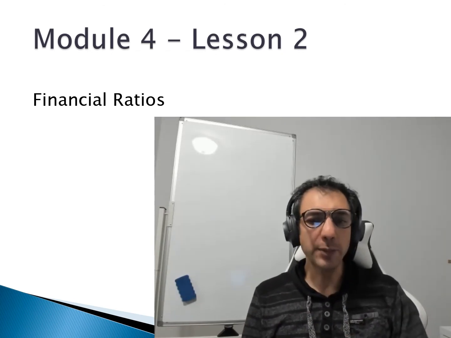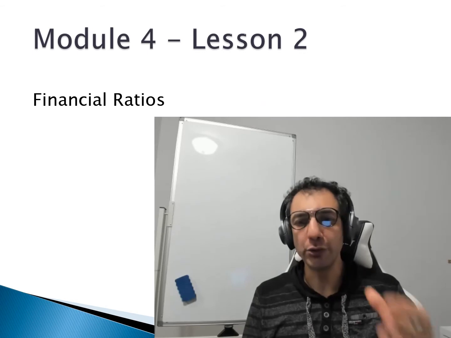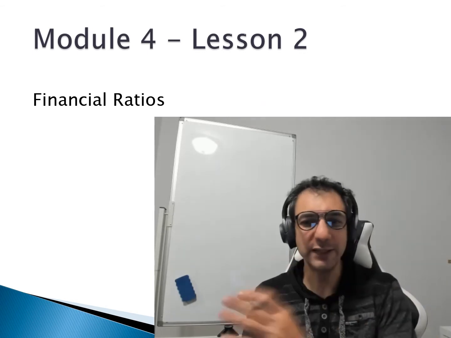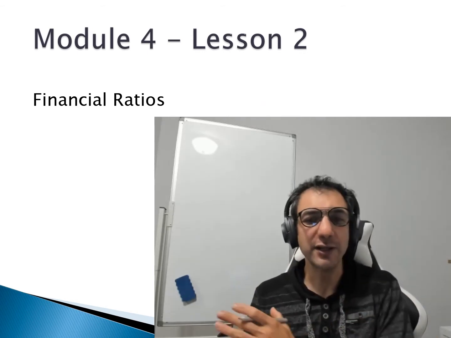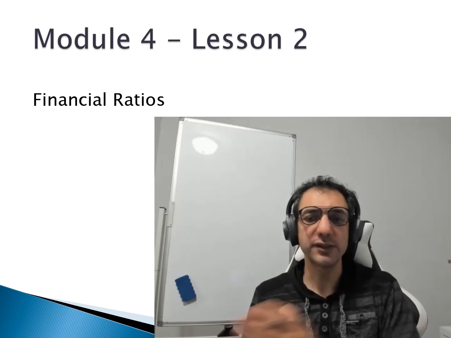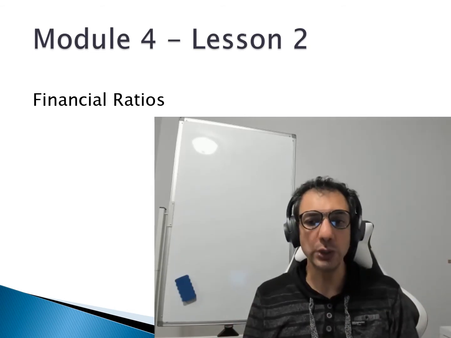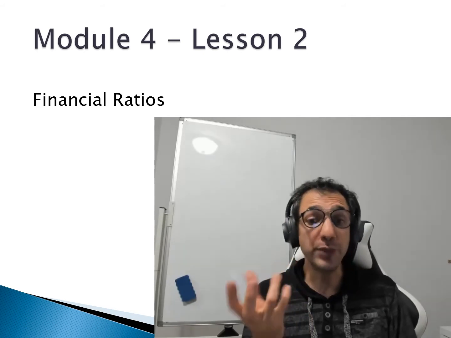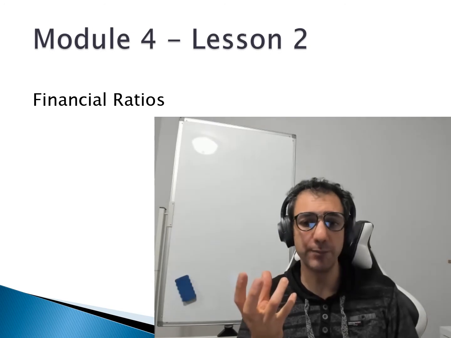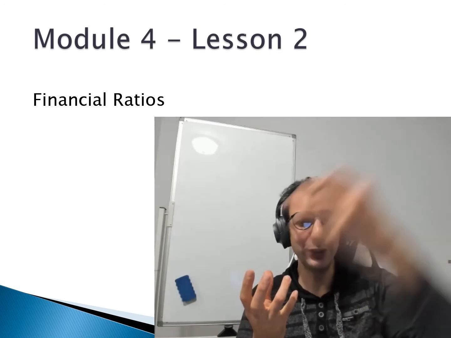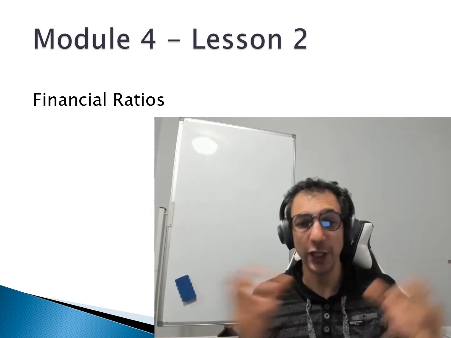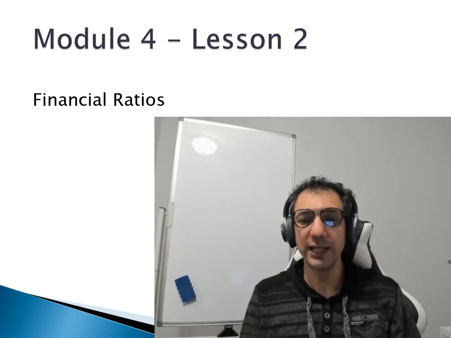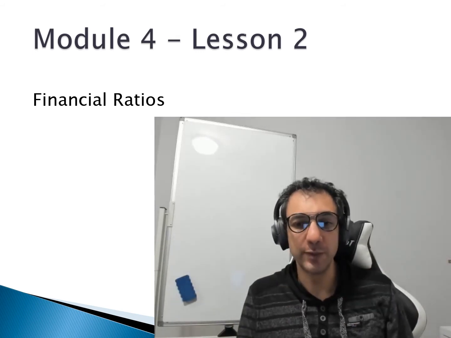I'm going to talk about some of them today, but if you go online and look at different sources, you will see there are several categories and several ratios that you can use, and each has its own purpose of analyzing the firm. If you want to get a full picture of the performance of the company, you have to look at all these pieces individually and then put them together.